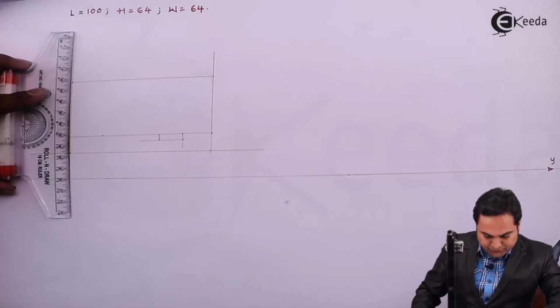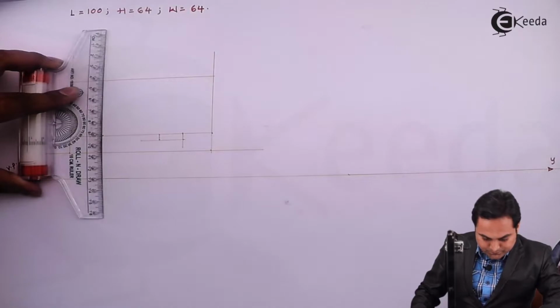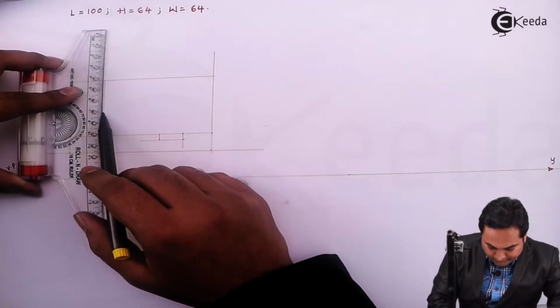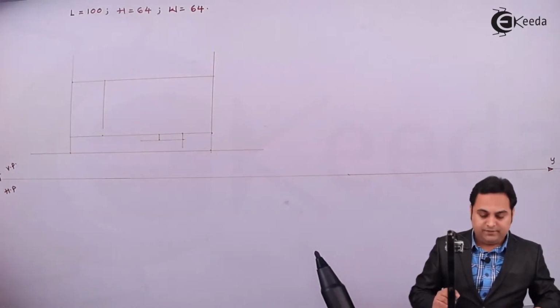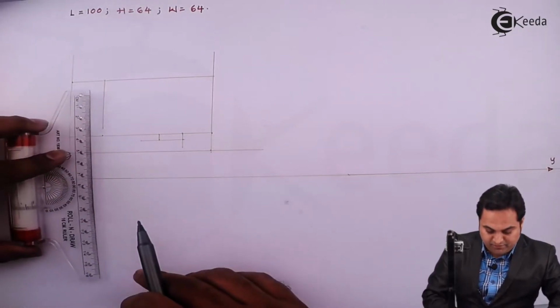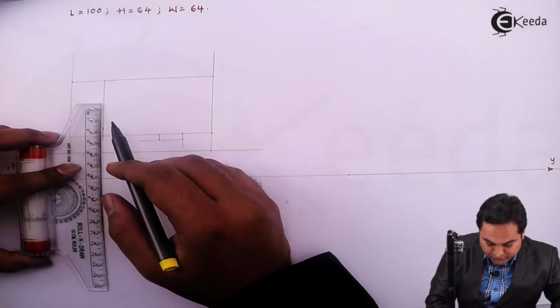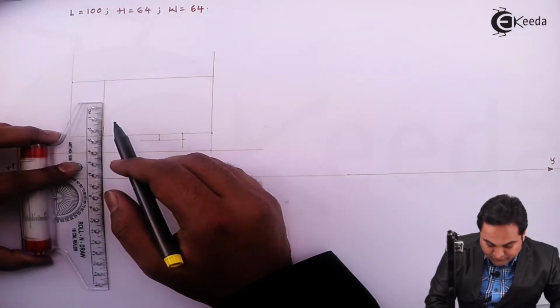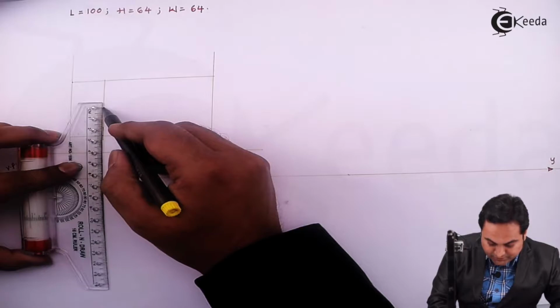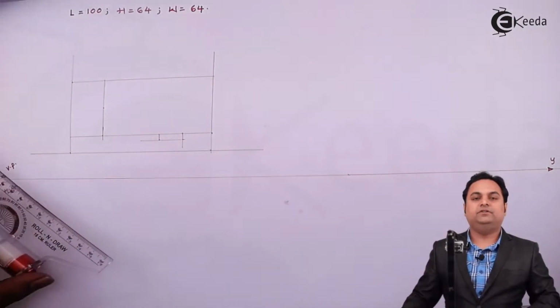Drawing a light line through this point. Then the height is 25 mm. So over this line, I am going to measure 25 mm above the 15 mm plate. So this is the center for the semicircular part.